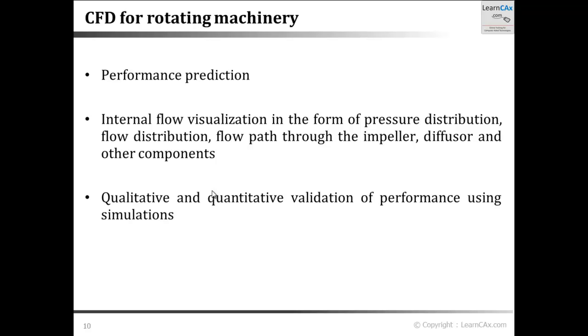Qualitative as well as quantitative validation of performance can be done using simulation. Also investigation of an existing design can be done, wherein we see using CFD analysis where we have problems with the different types of flows that are present, and how we can rectify a design that has some type of fault. So all these purposes can be served using CFD analysis.